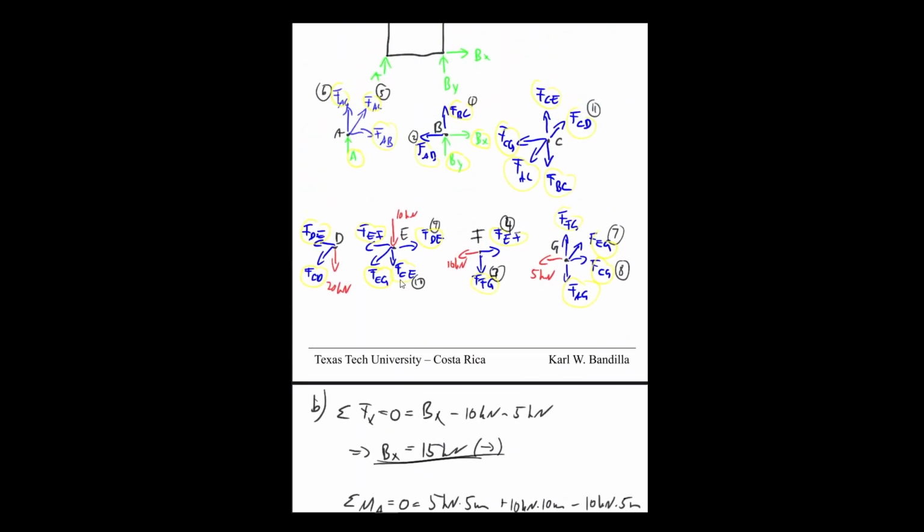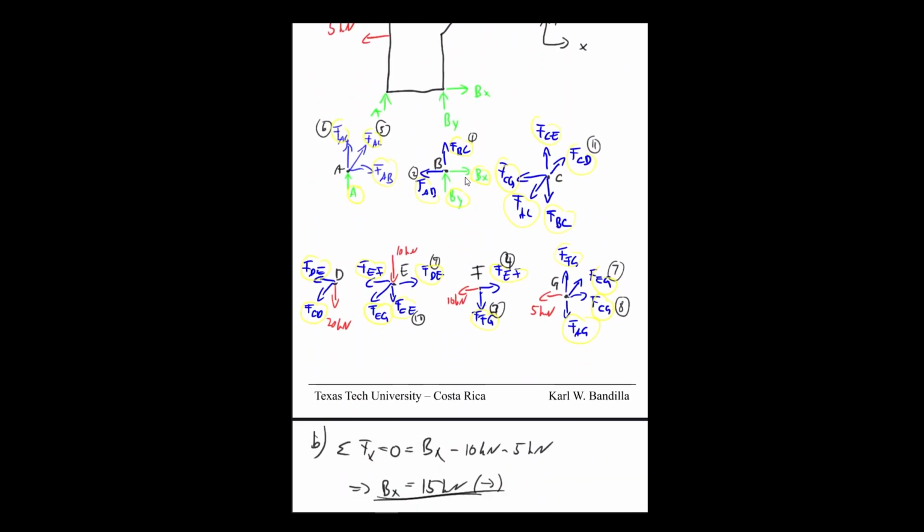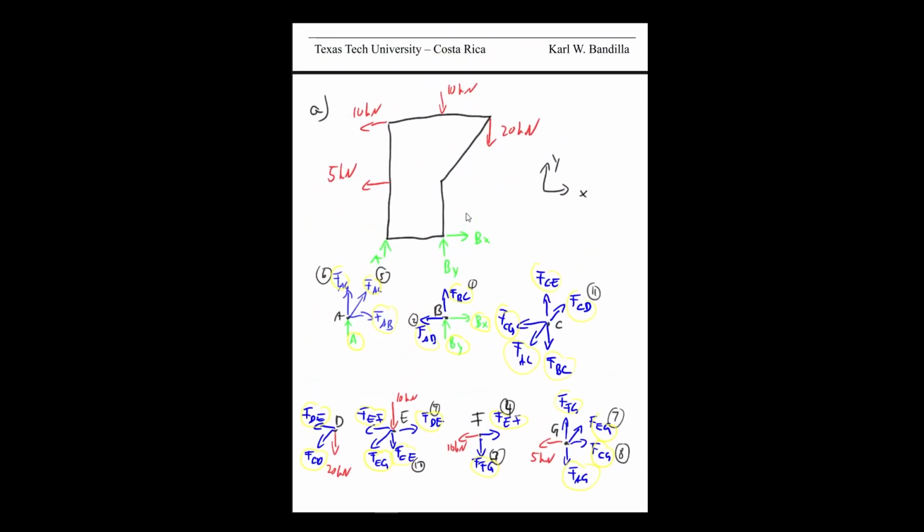Then sum of forces in x direction is equal to 0. Where is my B? Right there. So it'll be minus FAB plus BX, right? That's what I have.